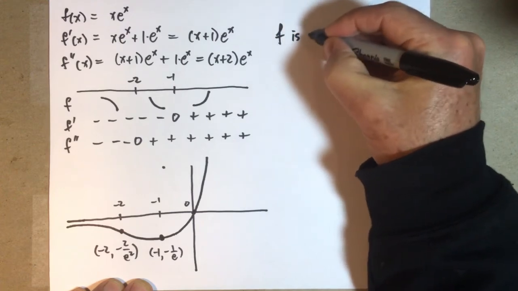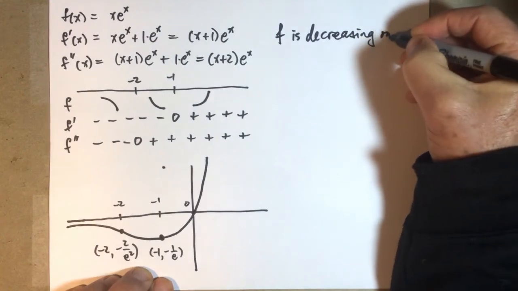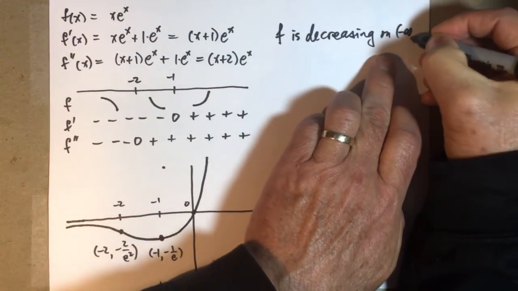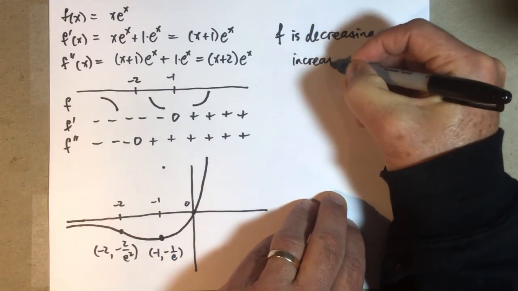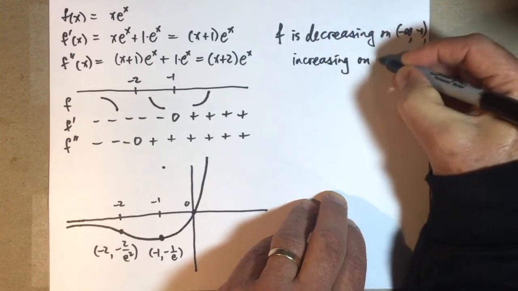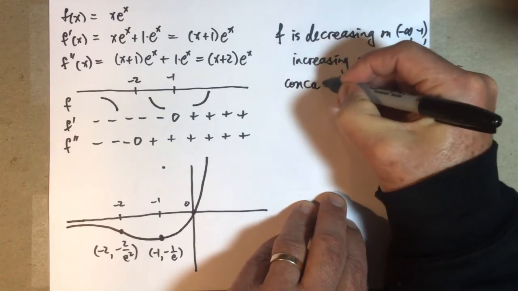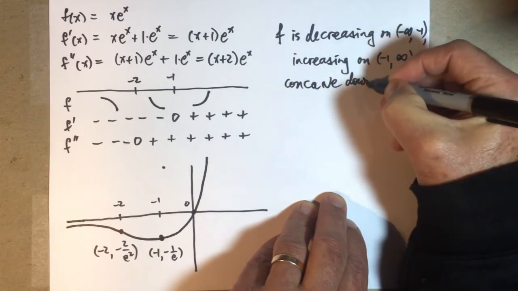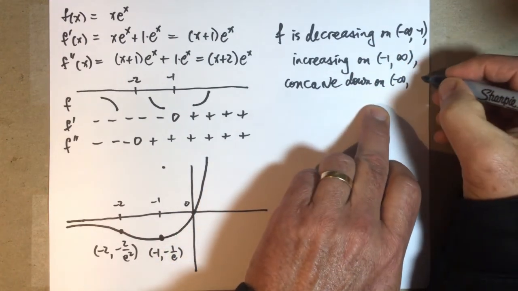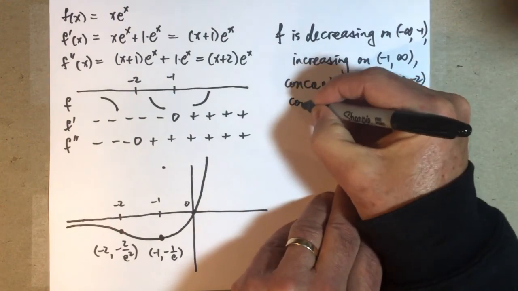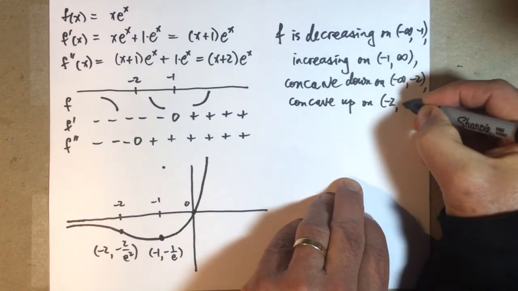F is decreasing on -infinity, -1, increasing on -1, infinity, concave down on -infinity, -2, and concave up on -2, infinity.